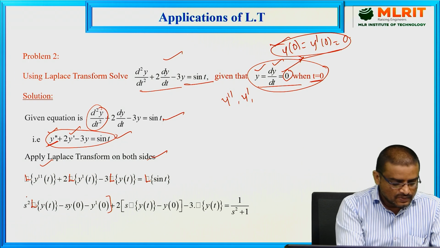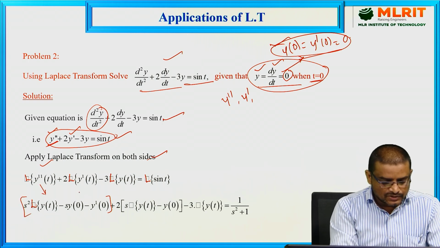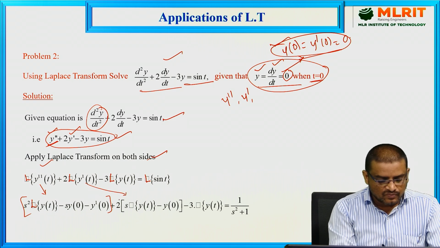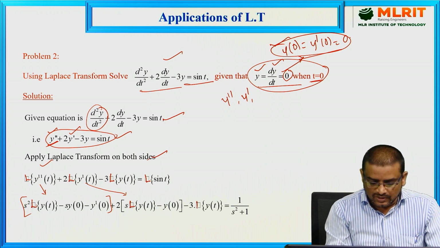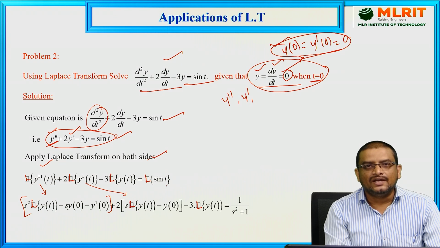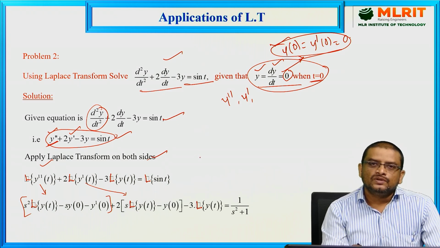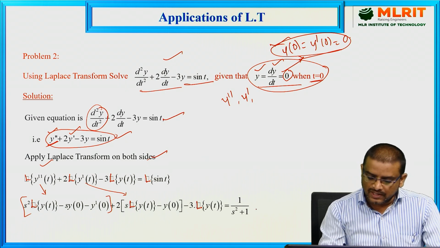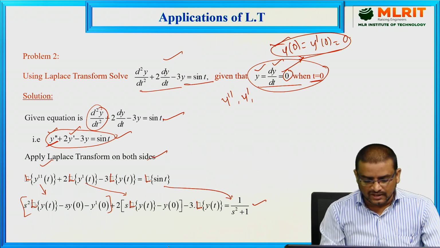This is the formula for Laplace transform of y double dash, plus 2 into Laplace transform of y dash, that is s into Laplace transform of y of t minus y of 0, minus 3 into Laplace transform of y of t is equal to Laplace transform of sin t. We have the formula Laplace transform of sin at is equal to a by s square plus a square. Here a is 1, so 1 by s square plus 1. So this is the Laplace transform of sin t.